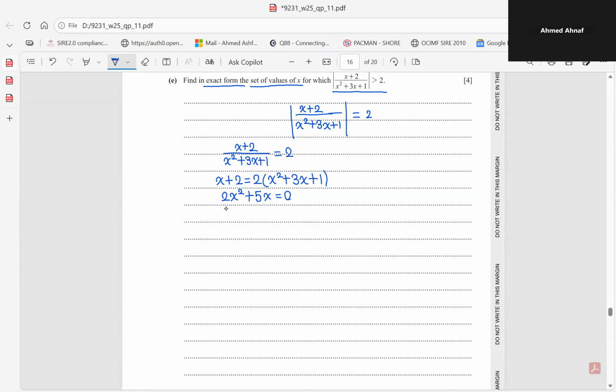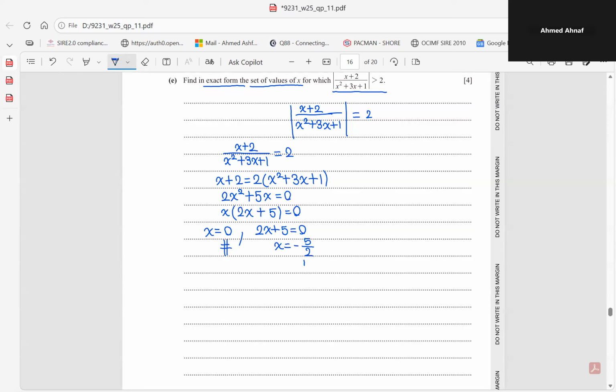And yeah, you can just factorize the x. So x times 2x plus 5 equals 0. You get x equals 0, and 2x plus 5 equals 0, so x is minus 5 over 2.